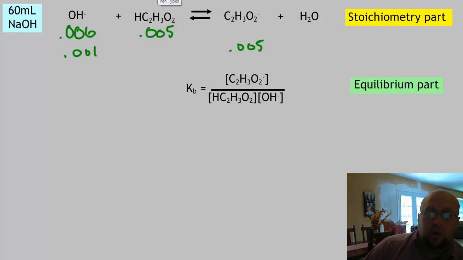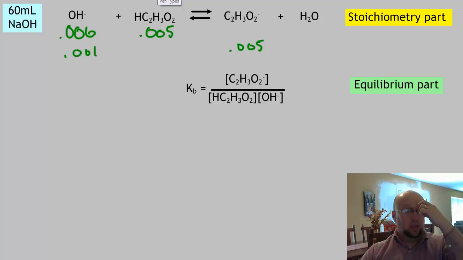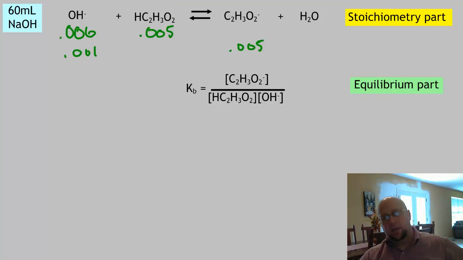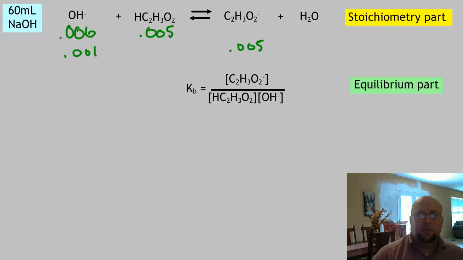Okay. Now here's where some thought comes in as far as the equilibrium part of things. Part of our brain would think, well, I'm going to set up an ICE table, and I'm going to do my concentrations of these two things, right? Because now I've got 110, so 0.110, and 0.110. And I'm going to calculate each of those. So let's go ahead and do that a little bit.